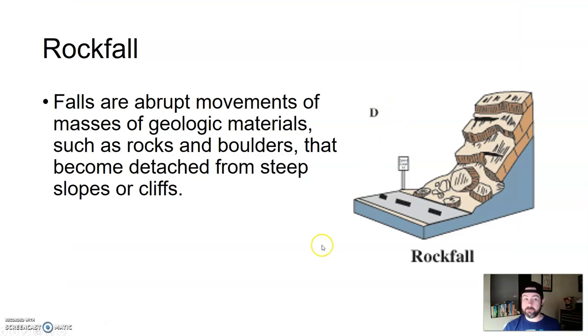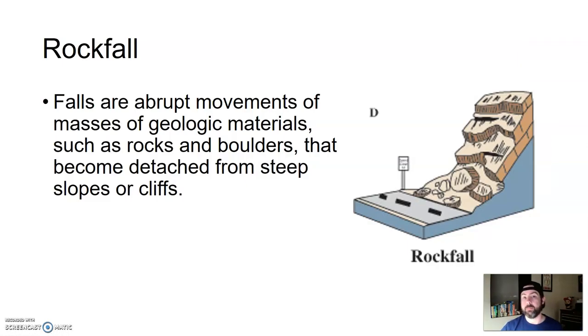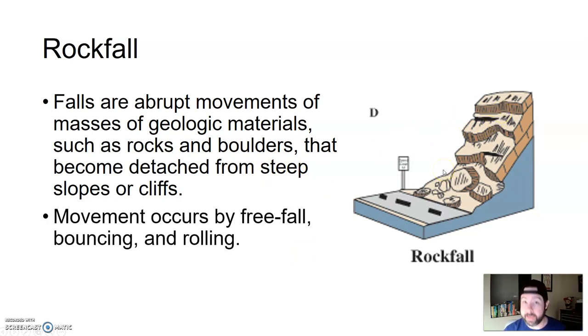Now you have rock fall, very similar to a block slide, but a rock fall is when big pieces of material, rocks and boulders, fall and catch some air. They're in free fall. At some point they're in the air. They've broken off and they're falling through the air. Hence a rock fall. If they never fell, they would just be sliding.